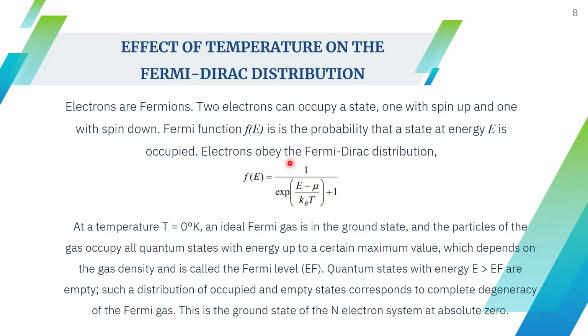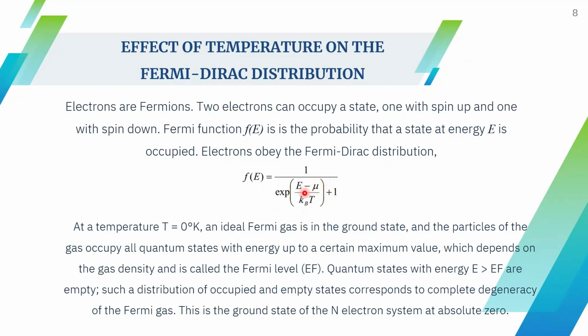Here, the electrons obviously obey the Fermi-Dirac distribution, which gives the probability that an orbital at energy E will be occupied in an ideal electron gas at thermal equilibrium. So the Fermi function f(E) becomes 1 by exponential of (E minus mu) by kBT plus 1.